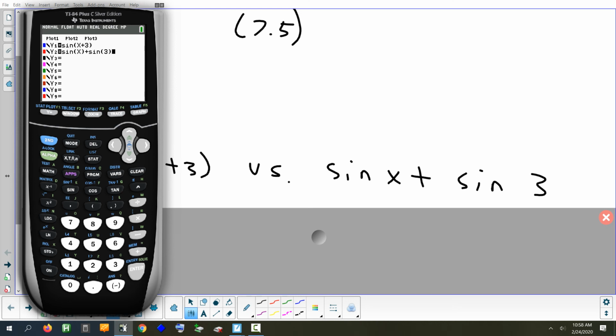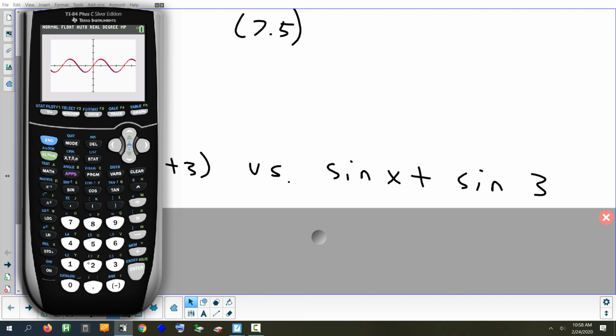So let's go zoom 7. Neither show up. Oh no, it'll show up. So there's sine of x plus 3, and I'd have to zoom in a little bit. It is a little bit off. It's because the plus 3 is only a 3. That's not very much.